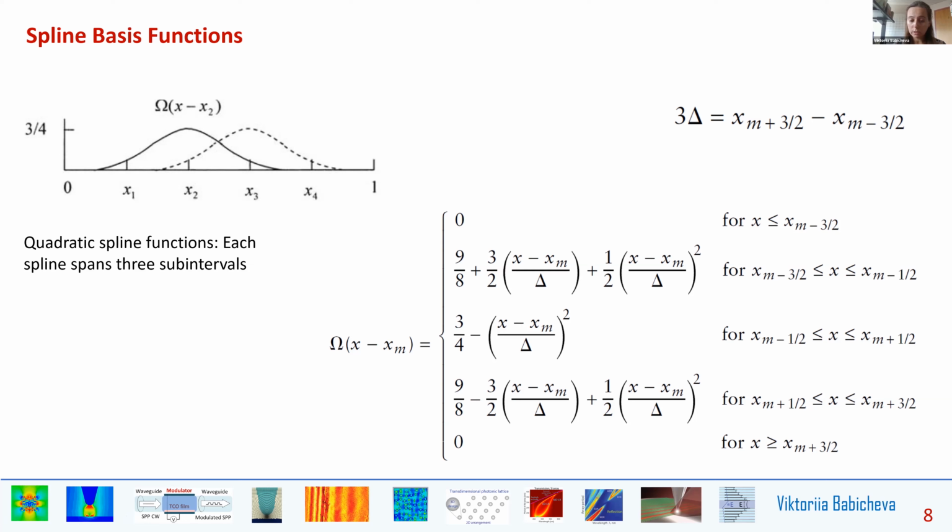So the order 3 spline function is called a quadratic spline.